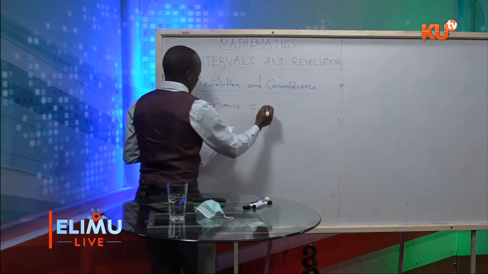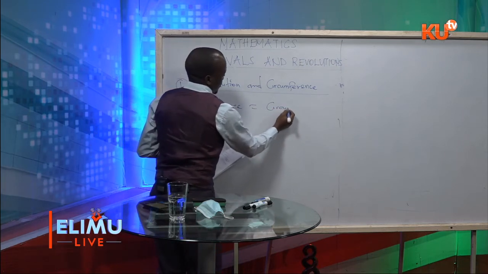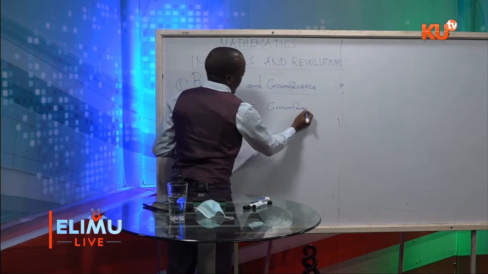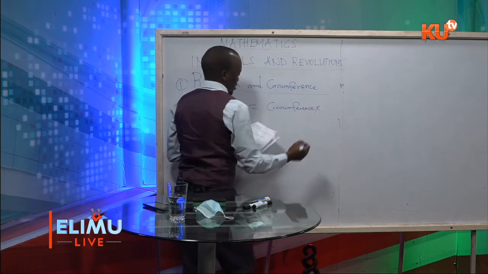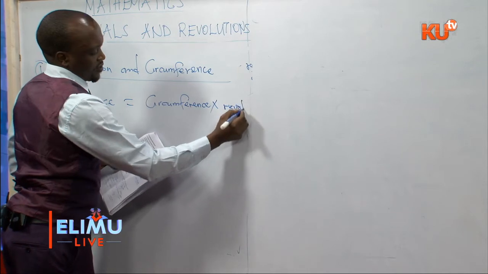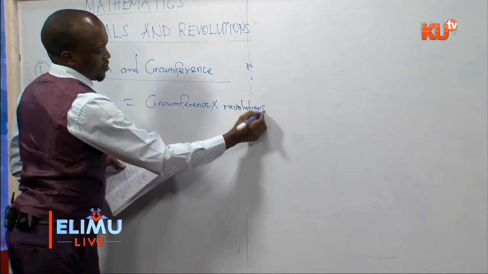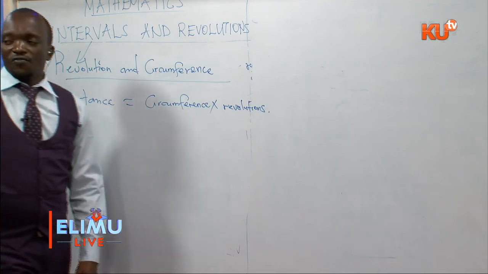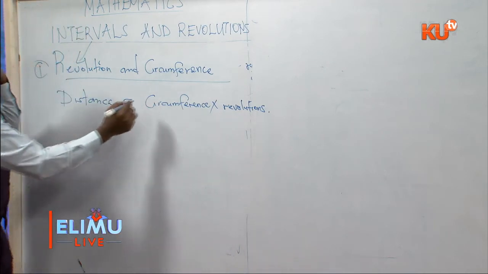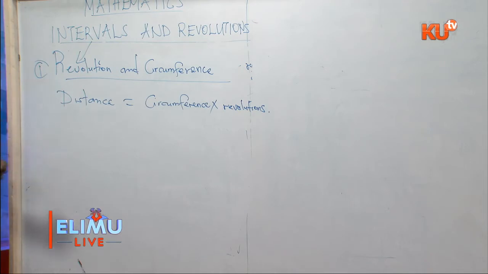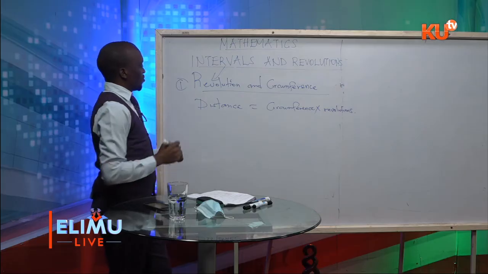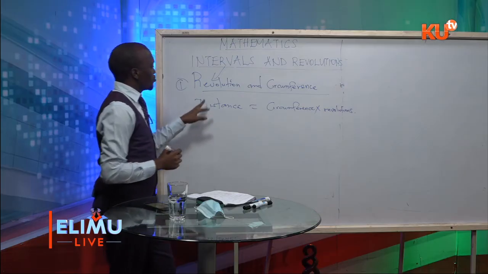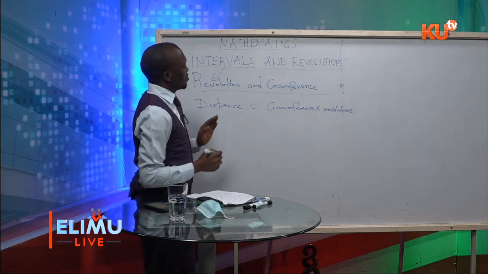Distance is equal to circumference times revolutions. Dear learners, after knowing one formula, it is always enough to take you through the rest. You just need to know one. After knowing one, you'll be good to go.